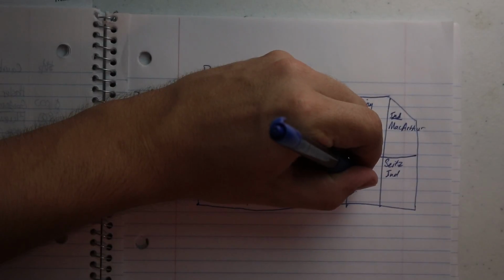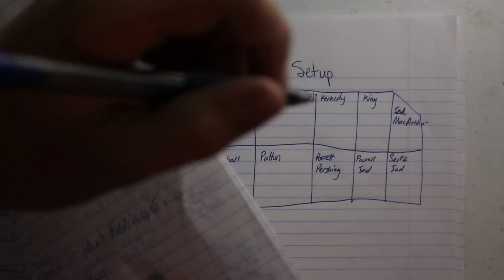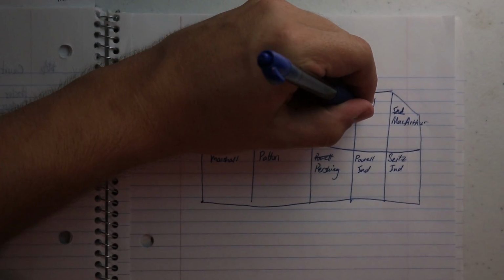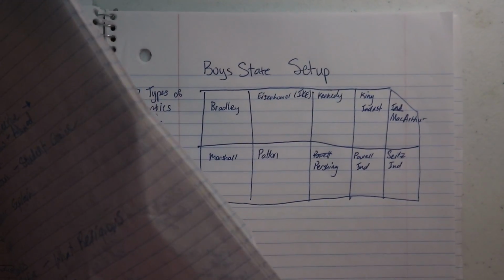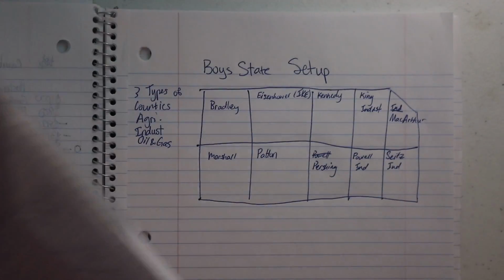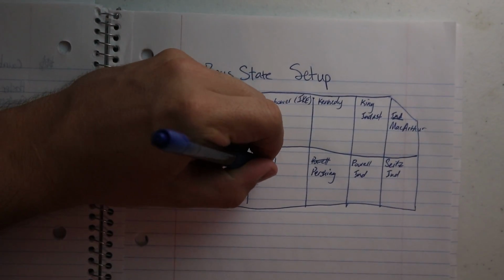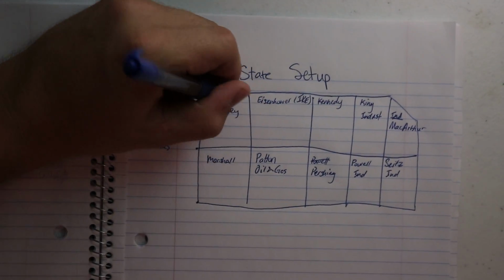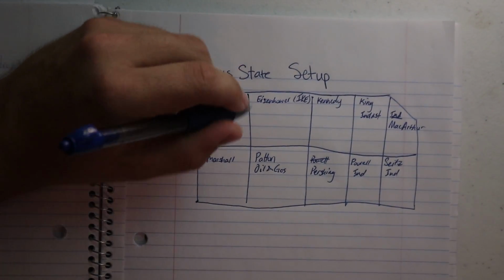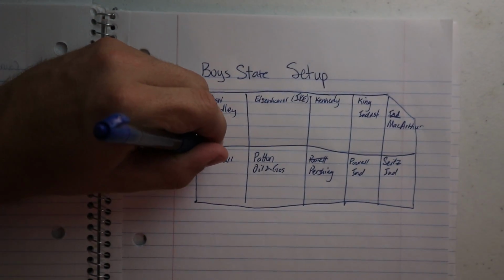Powell was an industrial county. King was industrial. Let's see, I don't remember what Pershing was. I know Patton was oil and gas. Bradley was agricultural. Marshall was agricultural.